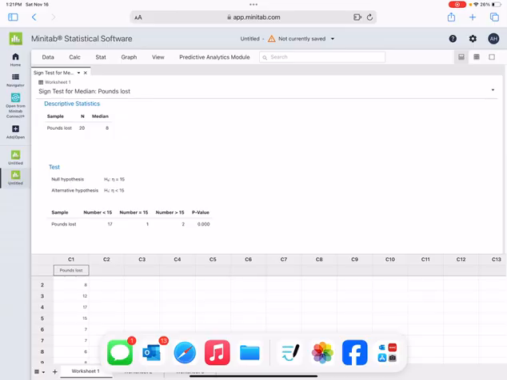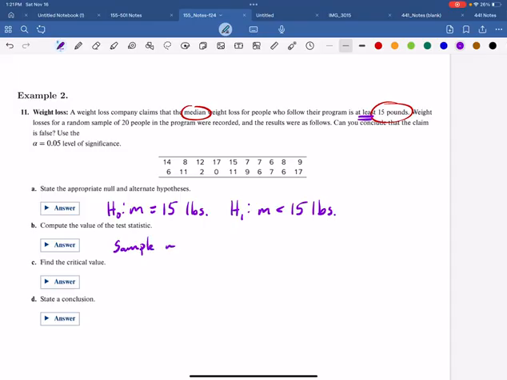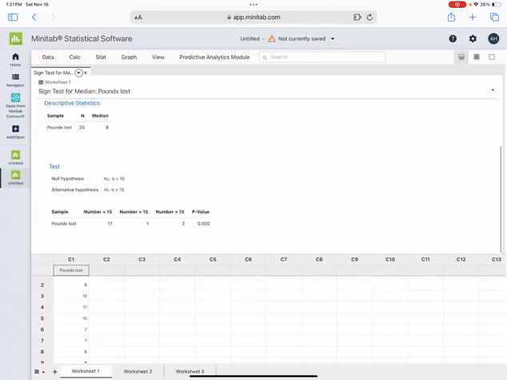So let's put this in here, right? So I'll just say sample median is 8 pounds. Okay, find the critical value. The critical value was actually, let me even see, do we even need the critical value really?